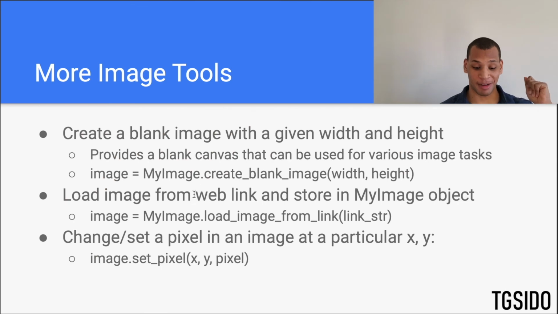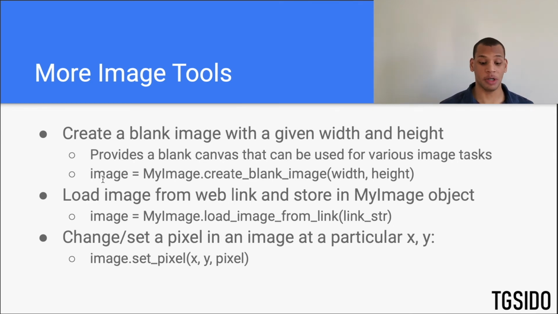And now for more image tools. Okay, so to create a blank image with a given width and height, note that this provides a blank canvas that can be used for various image tasks. We can do this: image = MyImage.createBlankImage, and then you specify a width and a height.